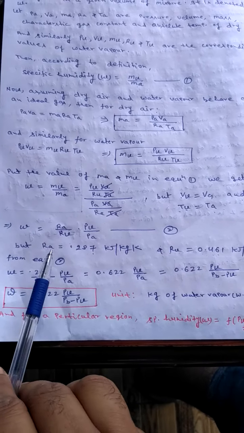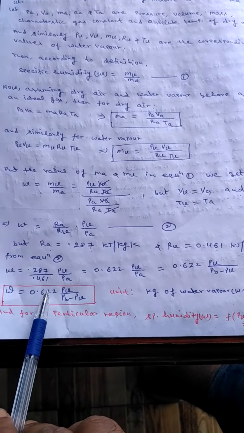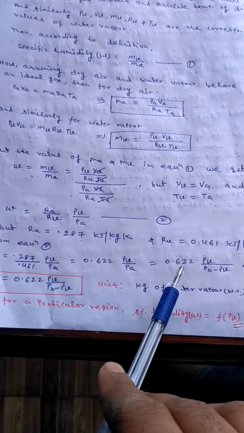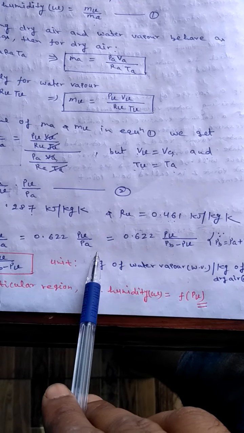Then from equation 2, put the values of Ra and Rv, and if we divide this, we will get 0.622 Pv by Pa.